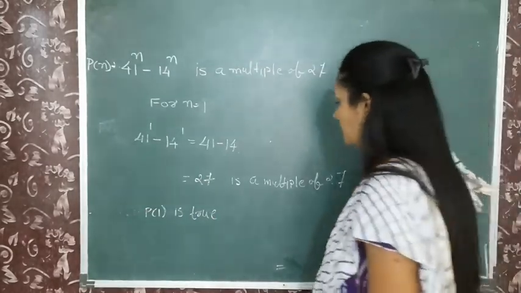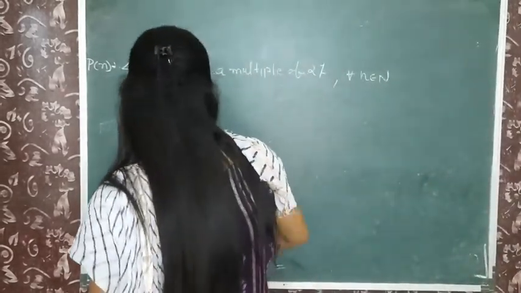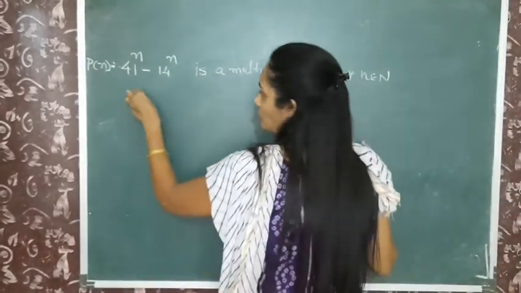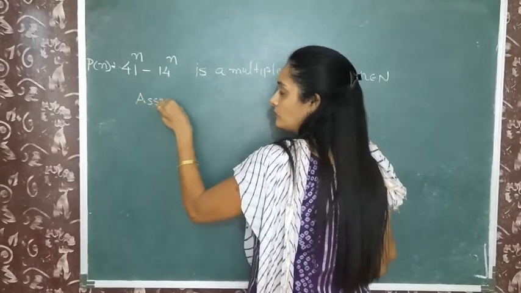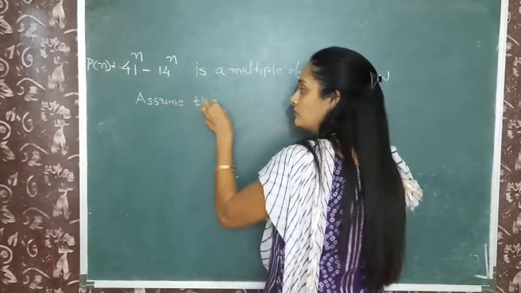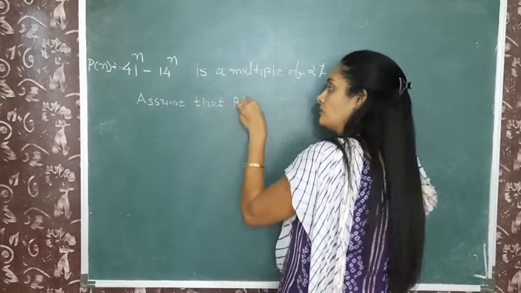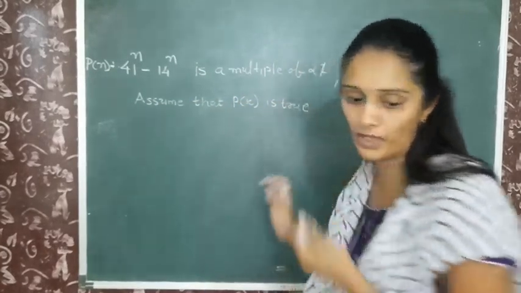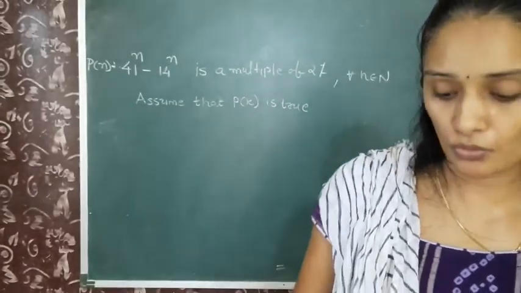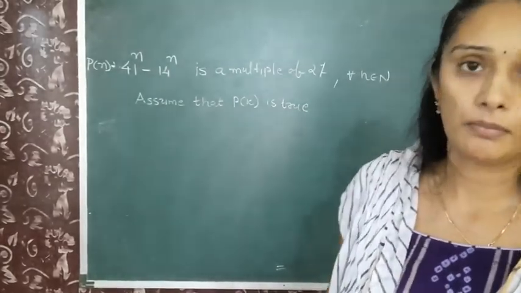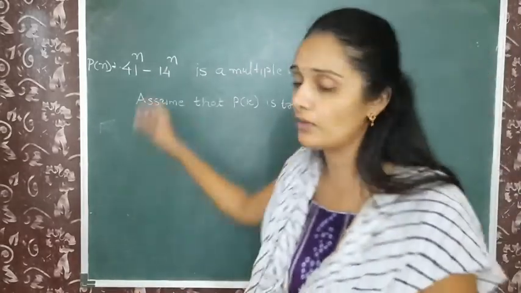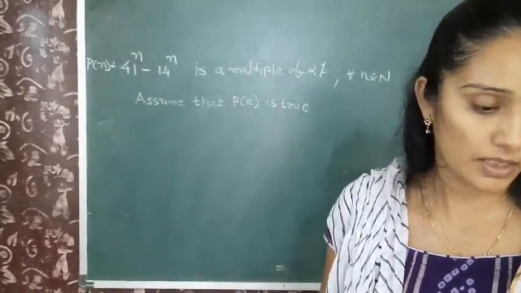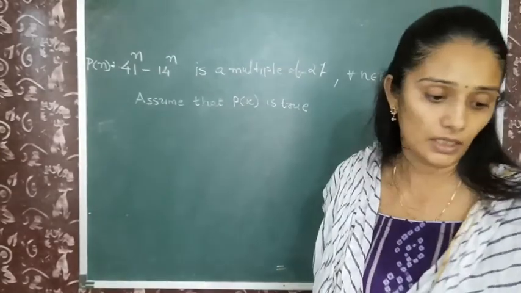Okay, now we assume that P of k is true. That means we have to write 41 raised to k minus 14 raised to k is divisible by 27.